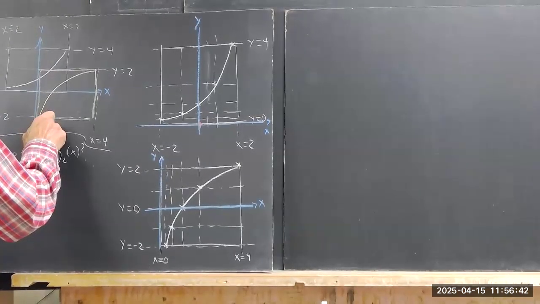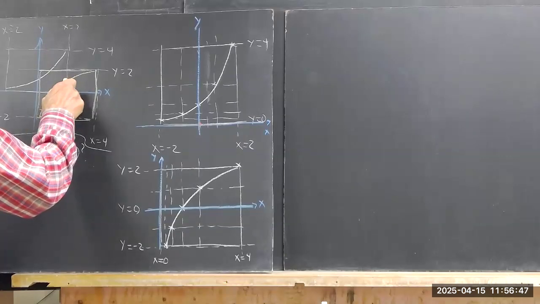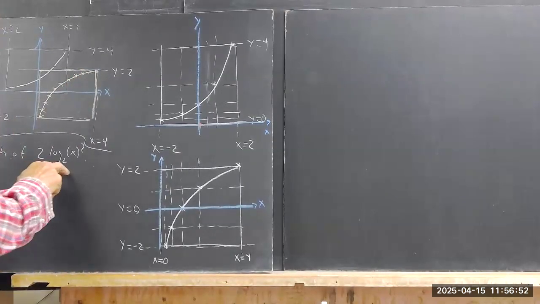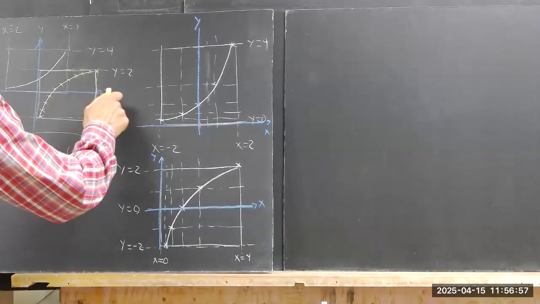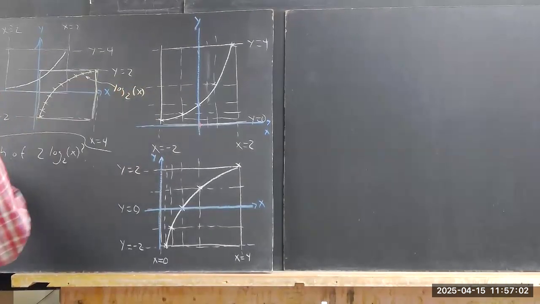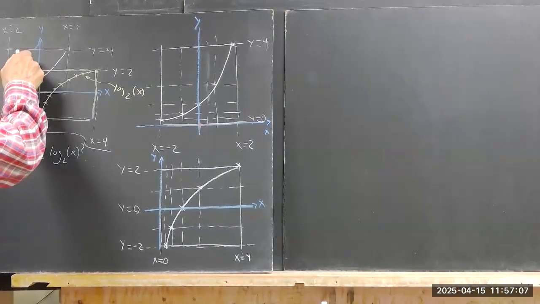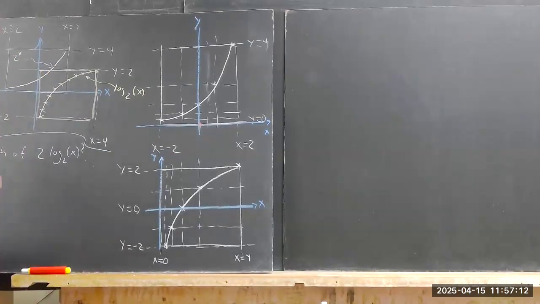I'm going to mark a bunch of points that don't necessarily correspond to the construction point. Multiplying by two, let me label these graphs. This is your 2 to the x graph. If I want 2 log base 2 of x, I have to multiply all my y coordinates by 2.